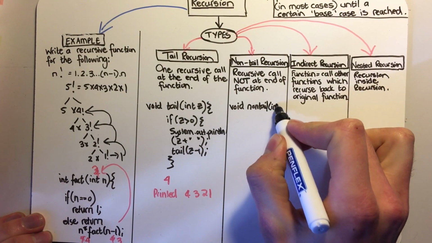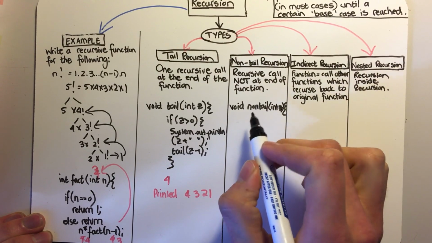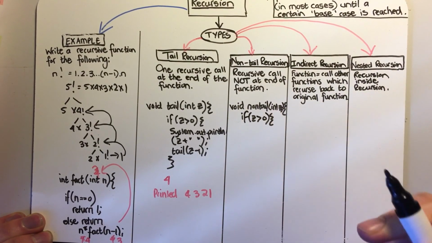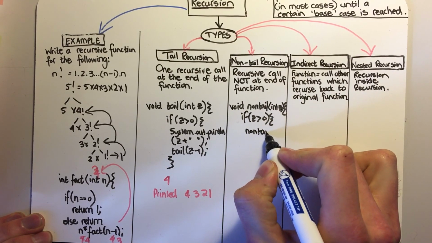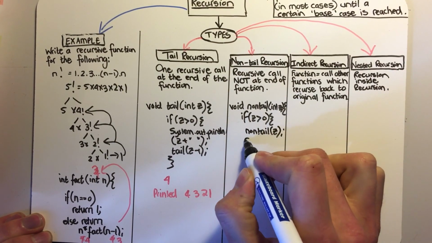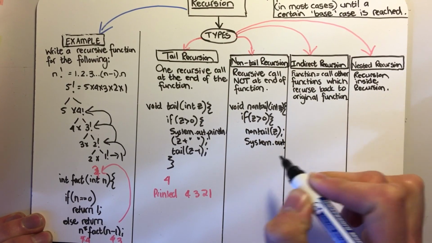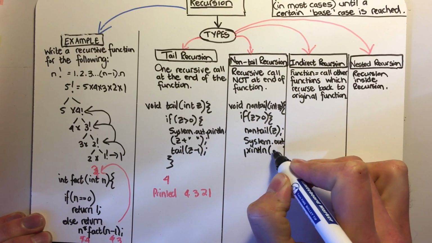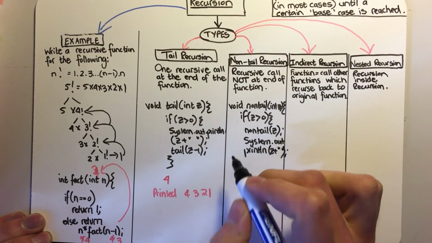Int z, and we say if z is greater than 0 again, then we're going to say non-tail of z, and System.out.println z plus white space.